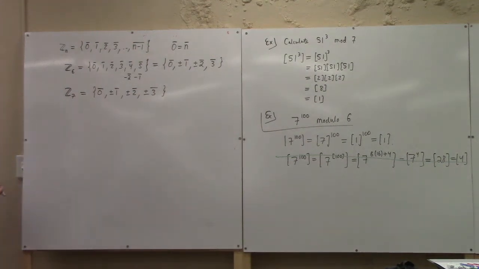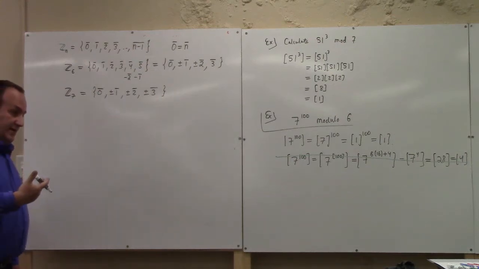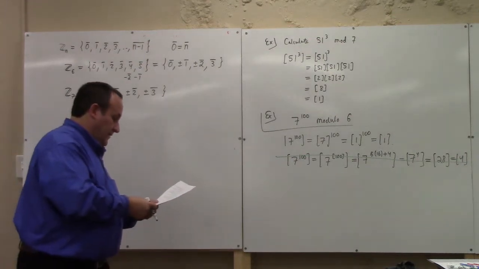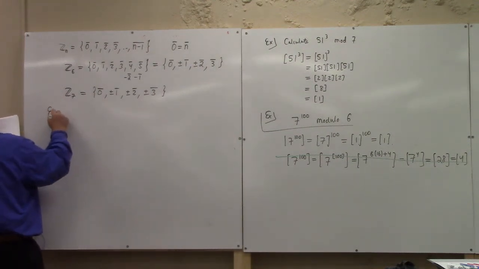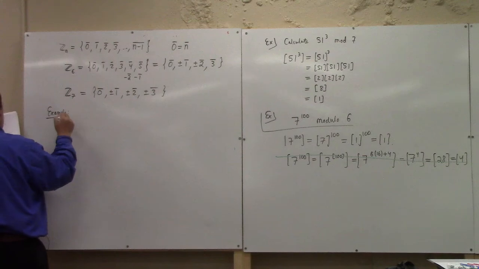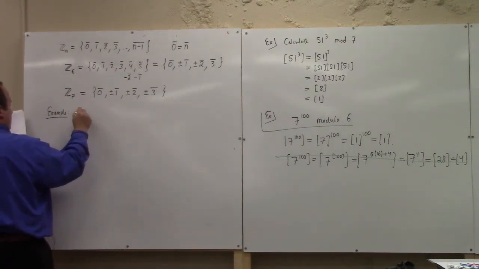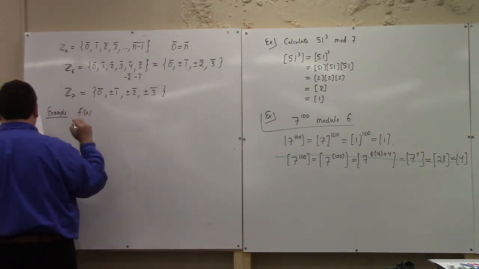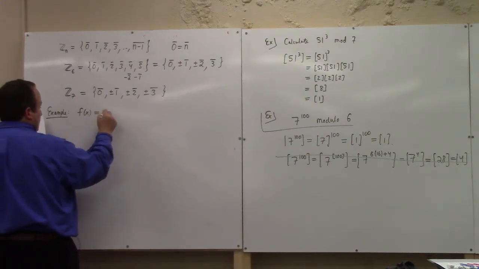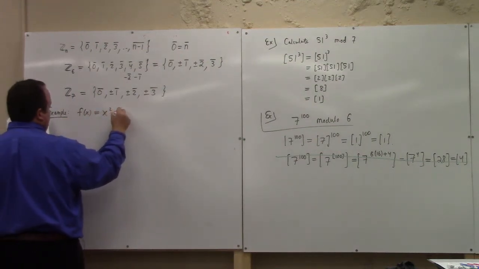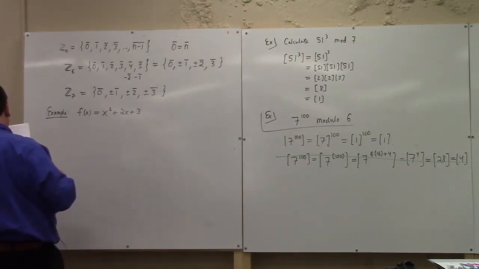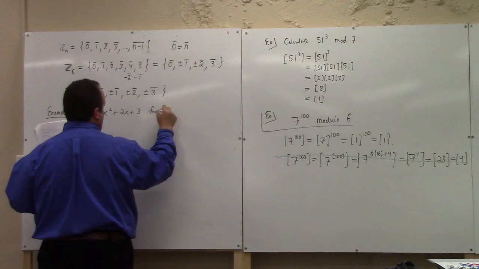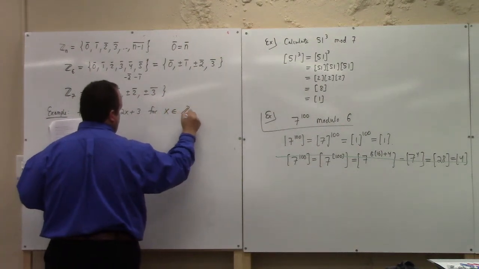Looking at that as the representation of Z mod n is often very labor-saving for calculations. Let me show you what I mean. You're like, well, why does it matter, right? Because you're just shifting number line-wise. So f of x equals x squared plus 2x plus 3, for x in, let's say, Z5.